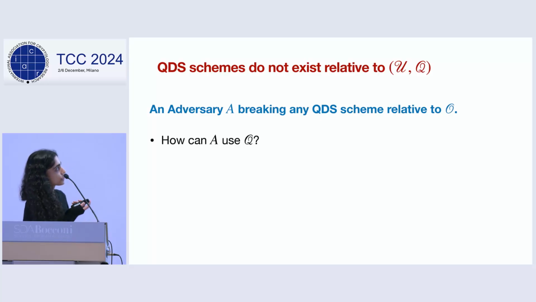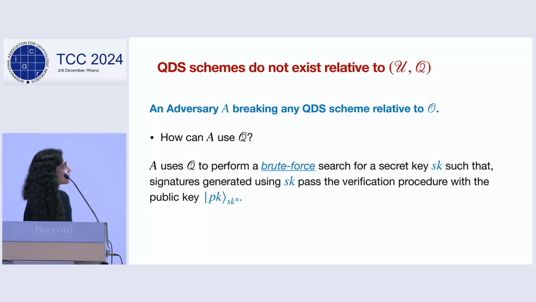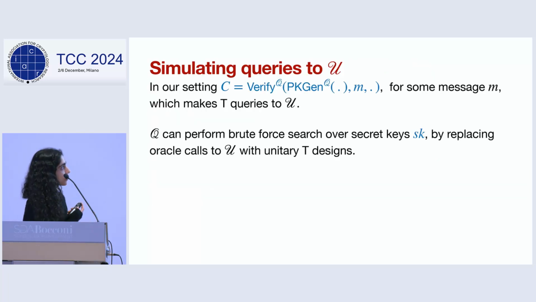So kind of the first idea would be to use Q to perform some sort of brute force over secret keys to find a secret key such that when you sign a freshly sampled message of your own with that secret key, that signature passes verification with the public key that's generated from the original secret key, which we call SK star. So this is the right idea, but there are some challenges we have to overcome.